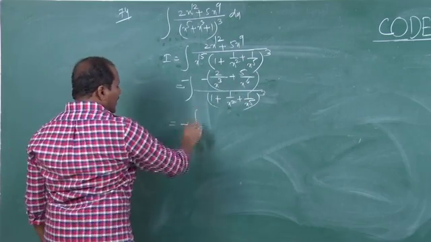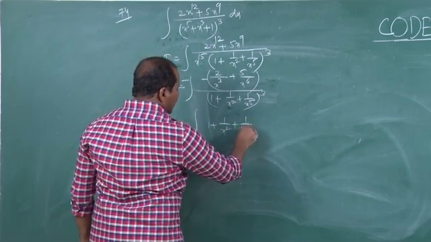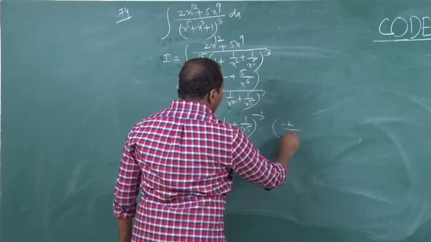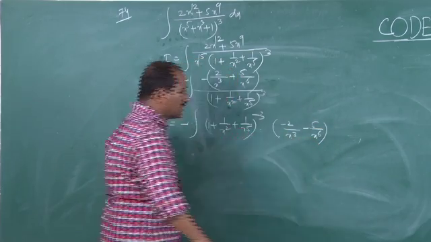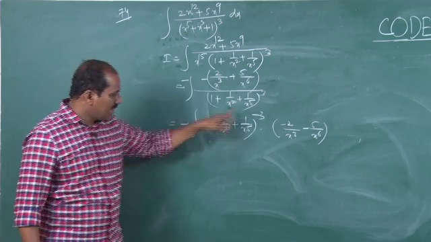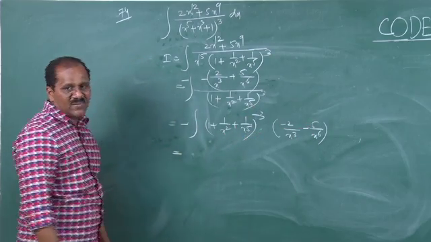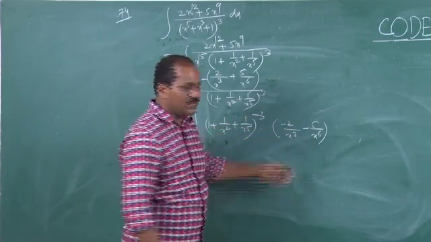So, integral of (1 plus 1 by x square plus 1 by x power 5) whole power minus 3 into (minus 2 by x cube minus 5 by x power 6), that is all. This is in the form of f of x whole power into f dash x. Since the known formula is f of x whole power n plus 1 by n plus 1, or by taking this equal to t, you will get this as the derivative.